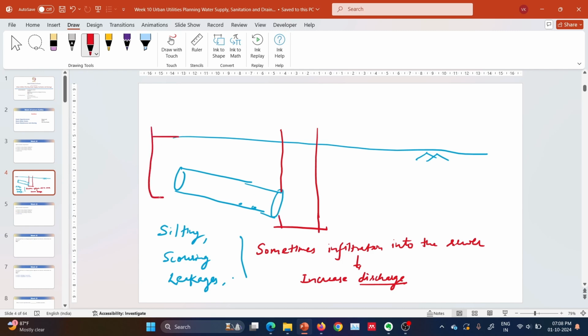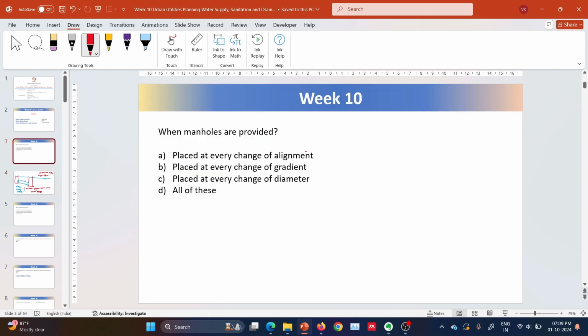And this is one idea. Another idea is when there is a joint, when two or more sewers meet, and when there is a change in alignment, then we can provide manholes. Place one at every change in gradient.